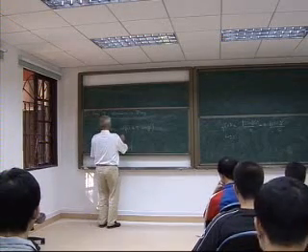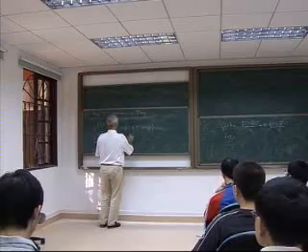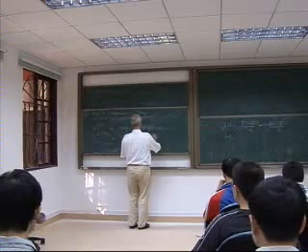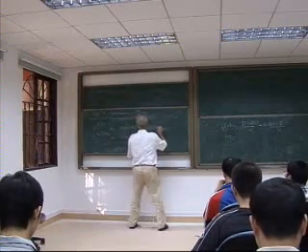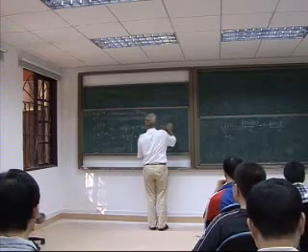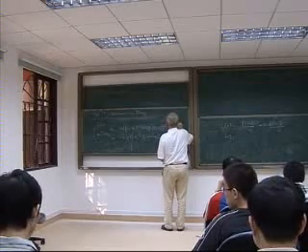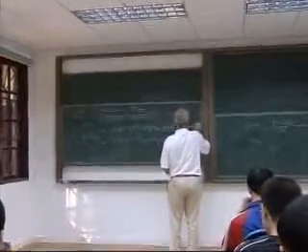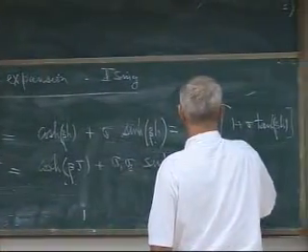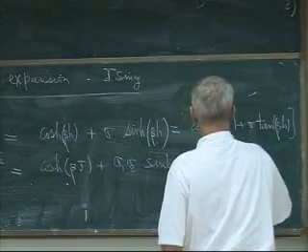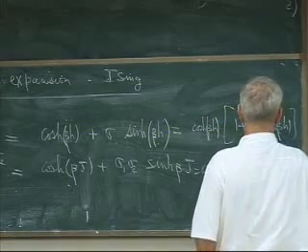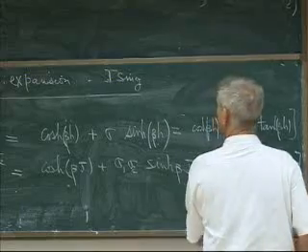It's, of course, cosh beta J plus sigma 1 sigma 2 sinh beta J, and this I will write as cosh beta J times 1 plus sigma 1 sigma 2 tanh beta J. Good.